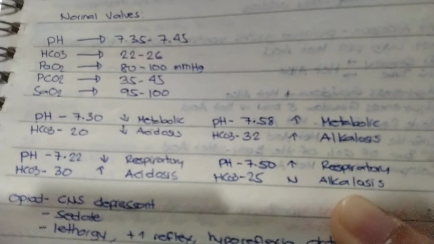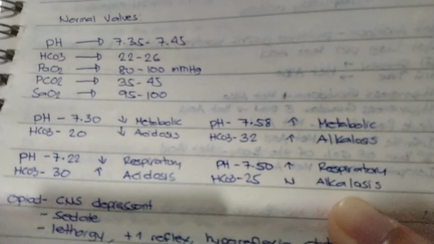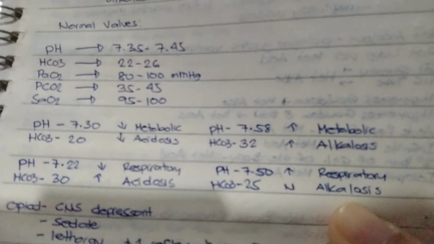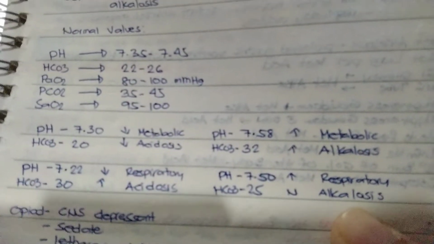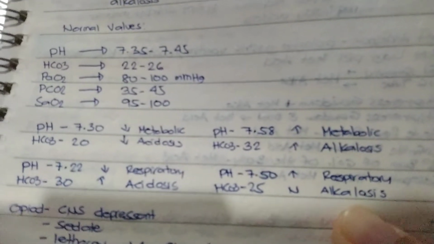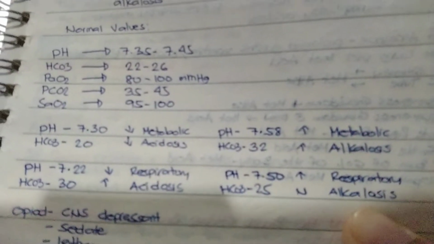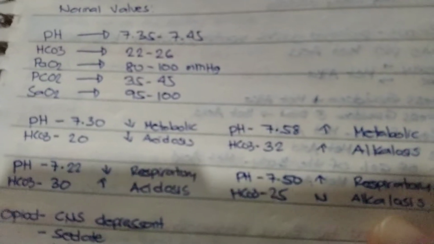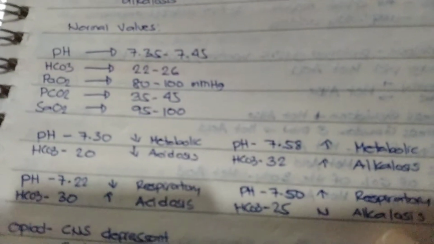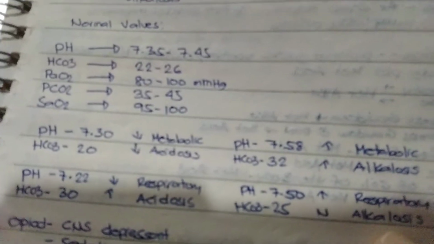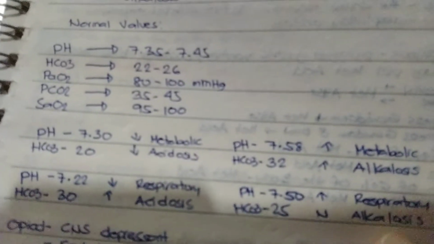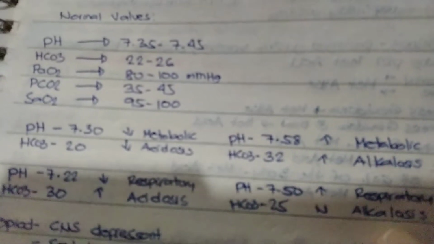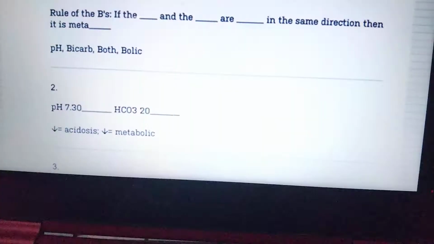PaO2, 80 to 100. PCO2, 35 to 45. And the SaO2 is 95 to 100. I hope everything is clear. We have to memorize these normal values by heart so that we will be able to answer what the board of nursing will give us during the examination.